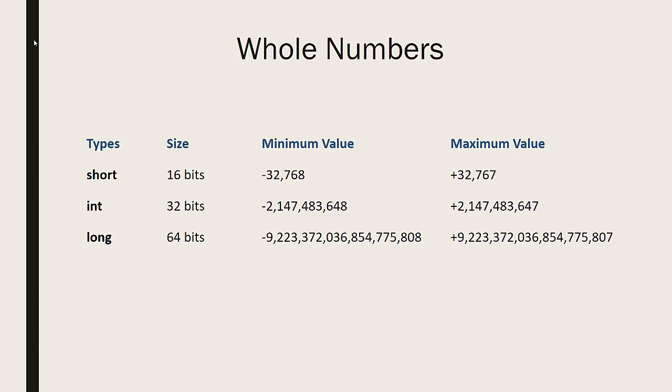The short data type is also the least used amongst these three due to its limited practical use. Having said that, avoid using this data type unless you absolutely have to.